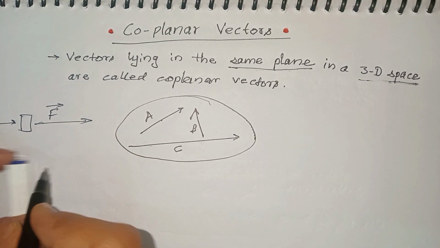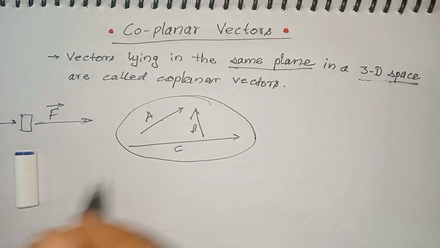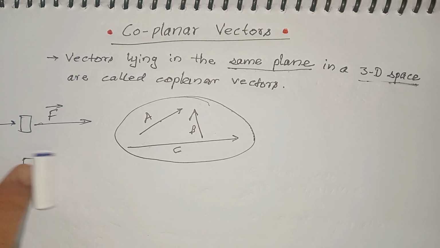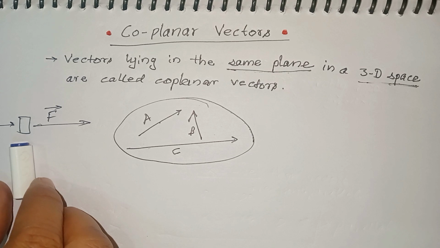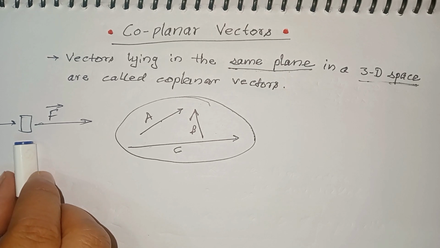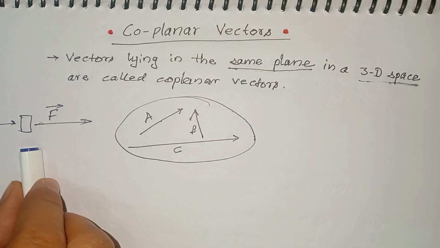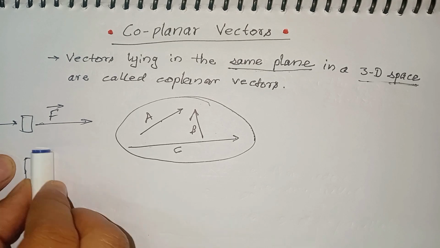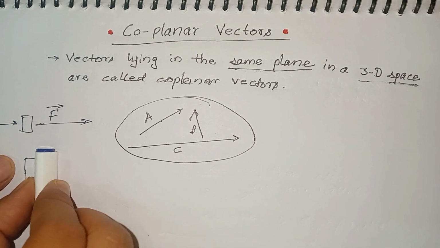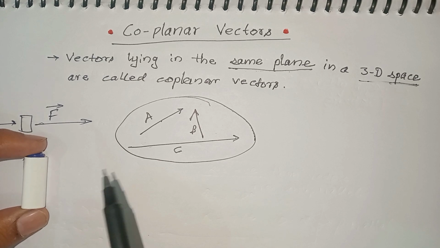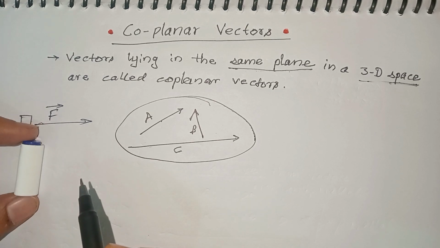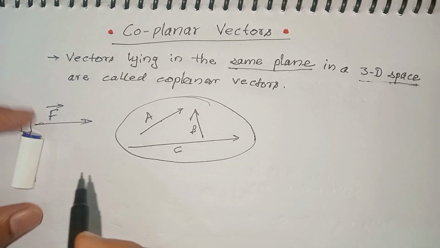Again, another time the cap is here, and instead of moving in this way, I gave it an upward move. Upward means it is not going in this way; it is leaving the plane of the paper.